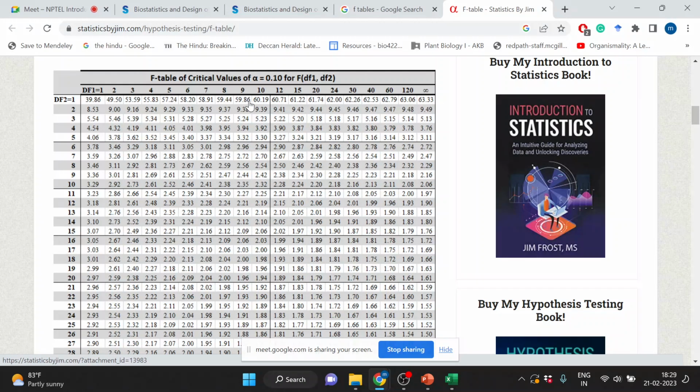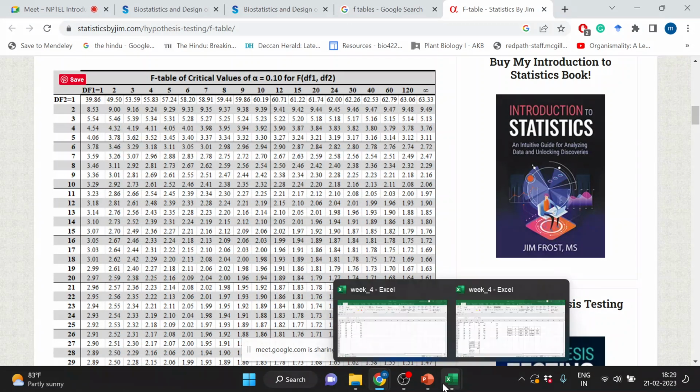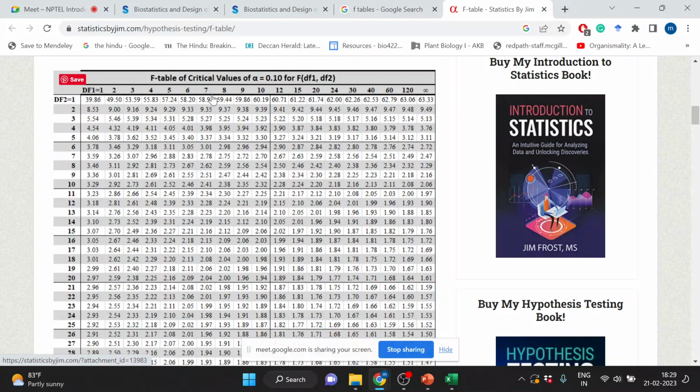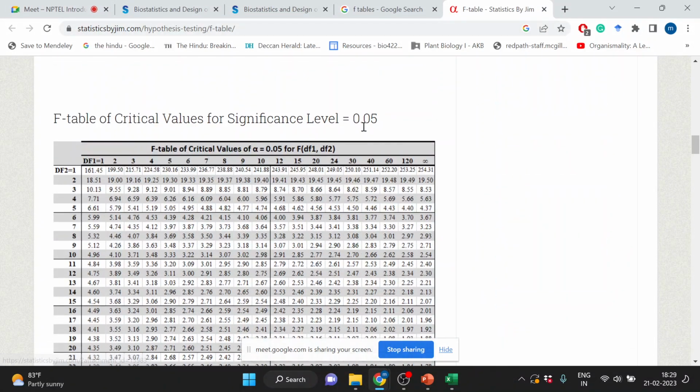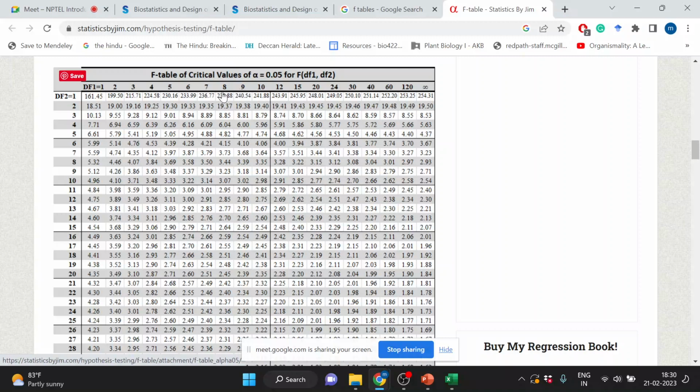For the first thing, it is 8 comma 2, because 8 is our total degrees of freedom. So for F you have 2 degrees of freedom for that factor and the total degrees of freedom. So 8 comma 2, maybe I'll do it for alpha 0.05.